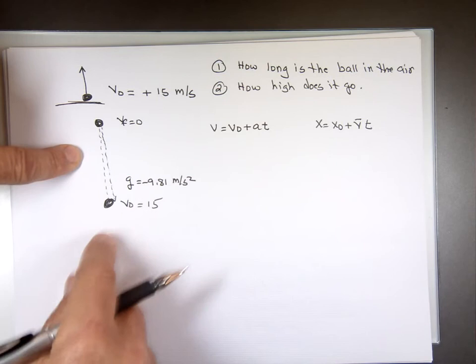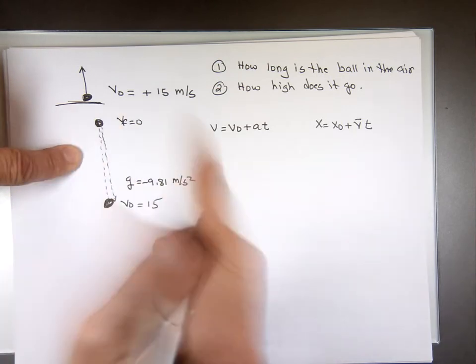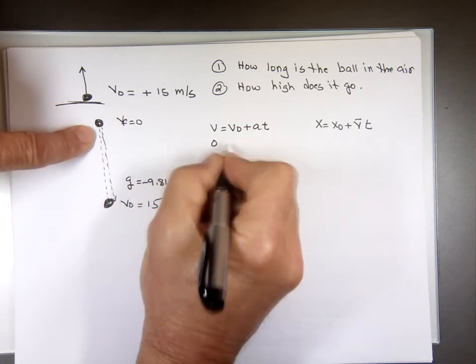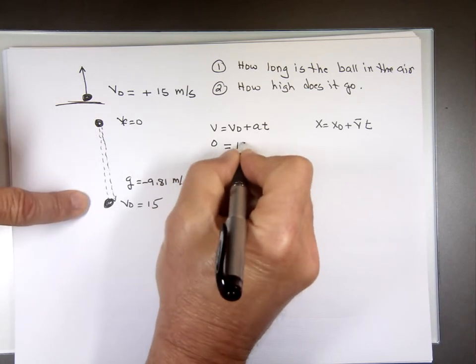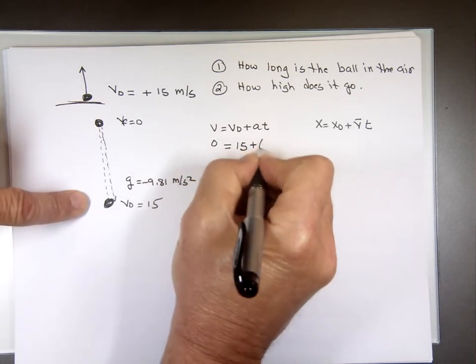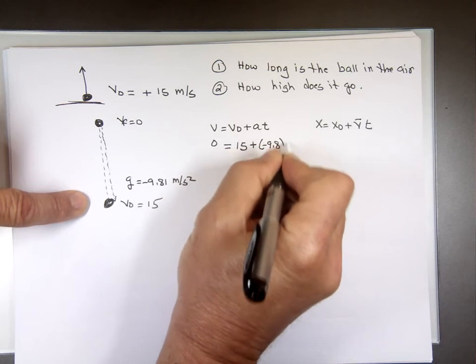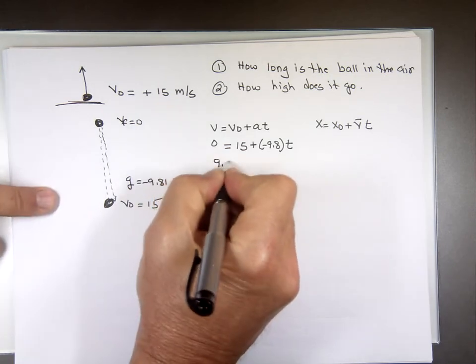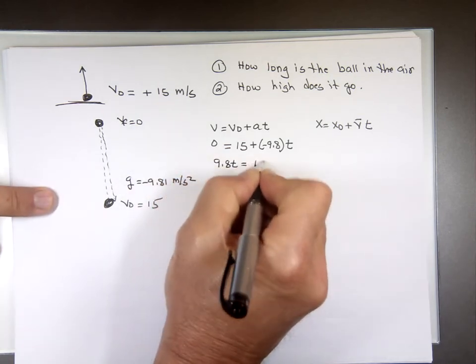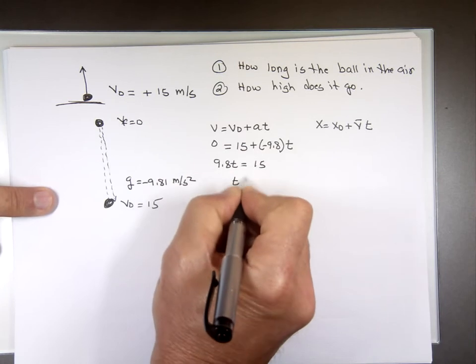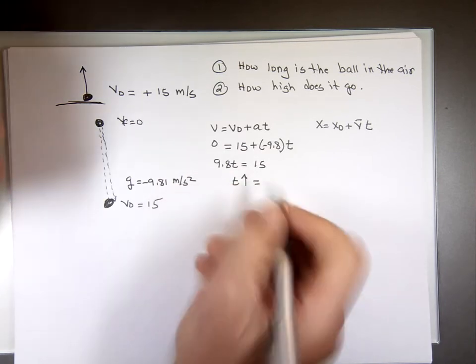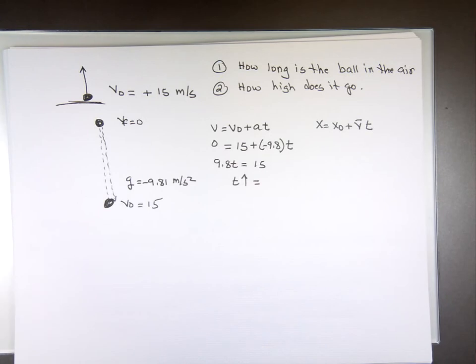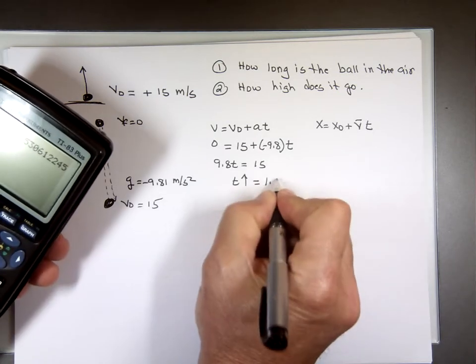So the time to go from here to the top: my final velocity is 0, my initial velocity is 15, acceleration is negative 9.8, and there's t. 9.8 t equals 15. The time just to go up, not up and down, is 15 divided by 9.8, which is 1.53 seconds.